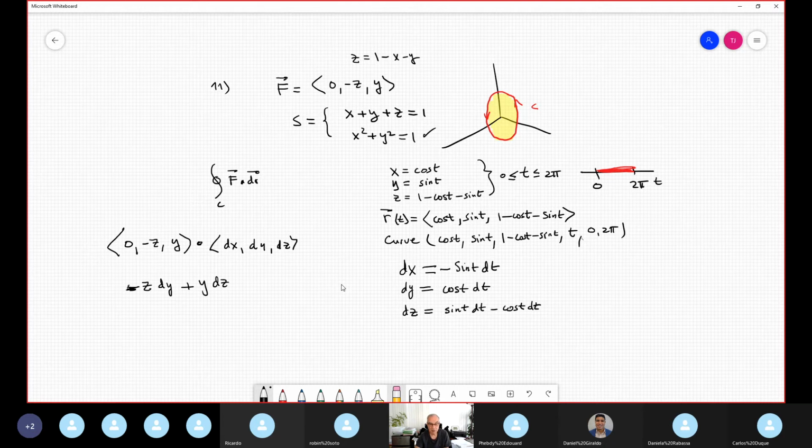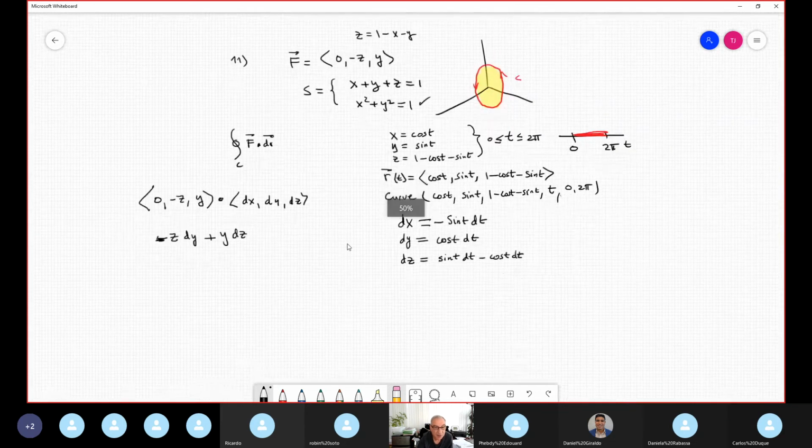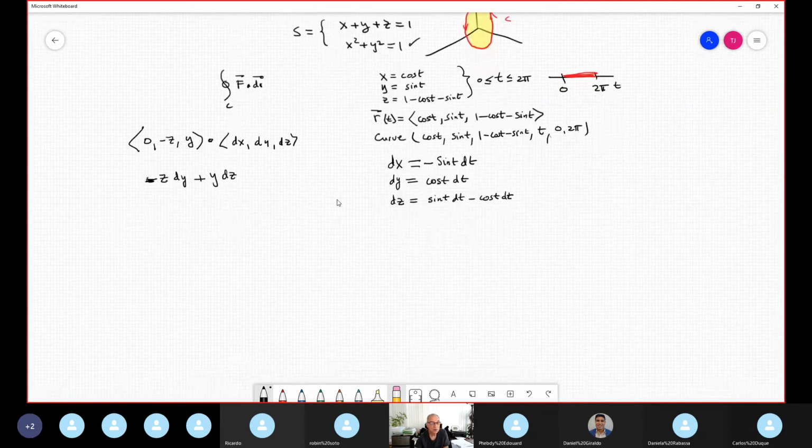Okay. Now I have everything in parametric way. Entonces now I'm doing the integral from 0 to pi. I just copy. Who is z? Minus z. And minus z is this.